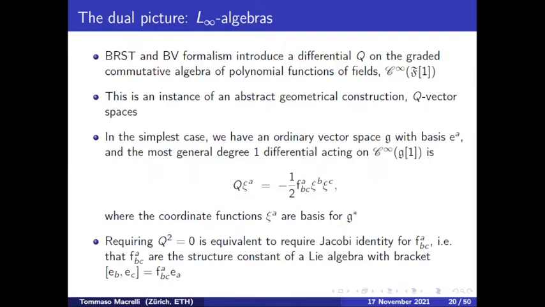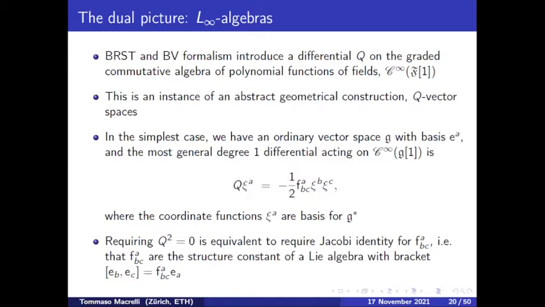BV formalism, but also BRST formalism, introduces a differential on the algebra of polynomial functions of the fields. And this is an instance of a more general geometric construction, where we have a homological vector field over some graded vector space. And this is what we call a Q vector space.